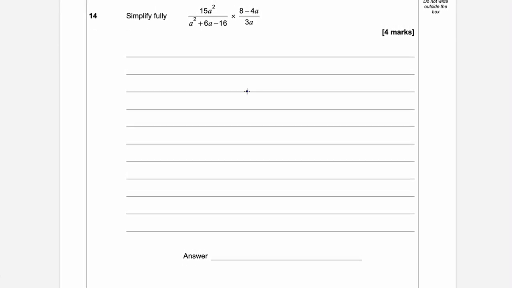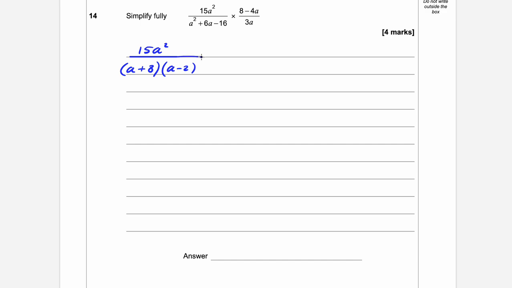Question 14. Simplify this fully. Right, I'm going to first, guys, factorize this. This is brackets a. I need factors of negative 16 that add to give me 6. It's definitely going to be 8 and negative 2. So it's a plus 8 and a minus 2.